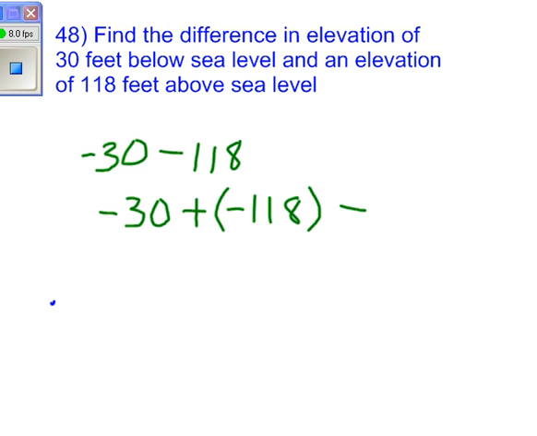And that gives us a negative 148. Now we want to check to make sure that it makes sense. We started at an elevation of 30 feet below sea level and went to 118 above sea level, and so that was a positive movement, so we will get rid of the negative. So our answer is 148 feet.